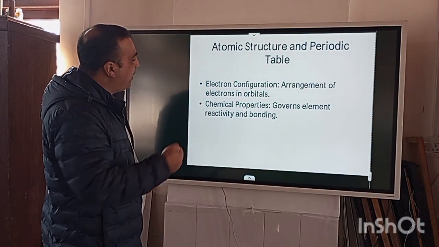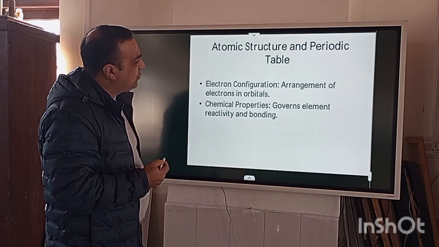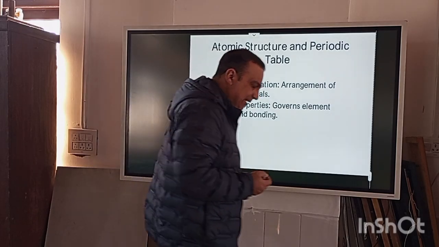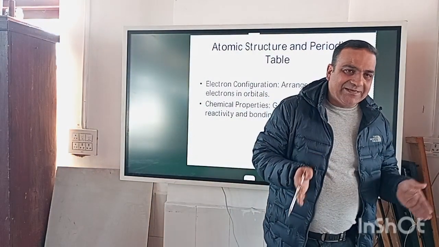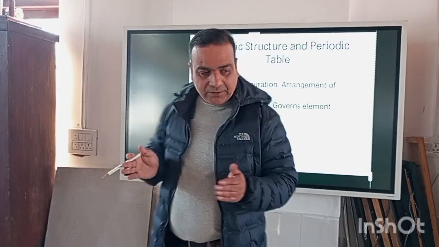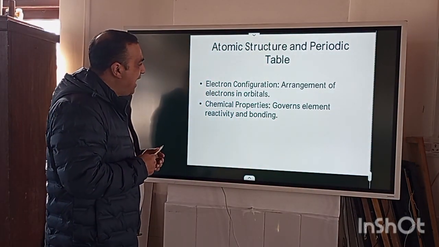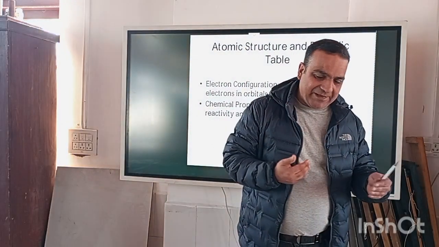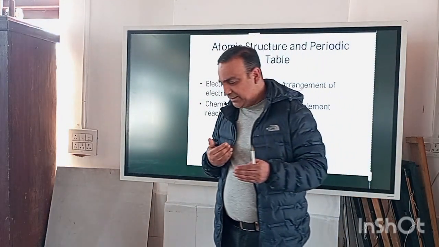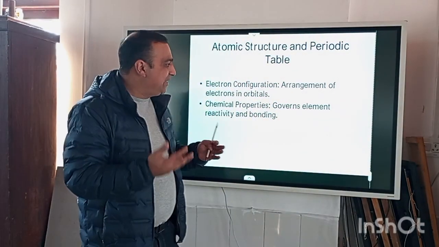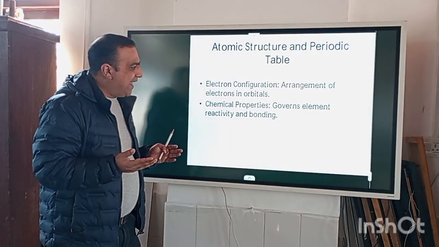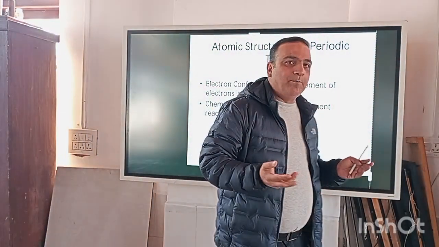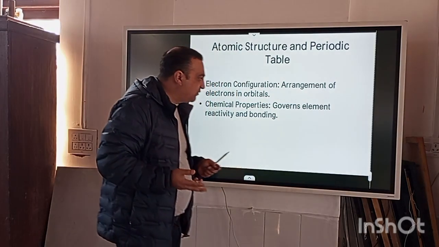Electronic configuration can be executed using the arrangement of electrons in the orbitals of the atoms by exploiting Pauli's exclusion principle, and it becomes a very fundamental tool to understand the chemical reactivity of atoms, why atoms react, why they form bonds, and why they form different kinds of bonds.